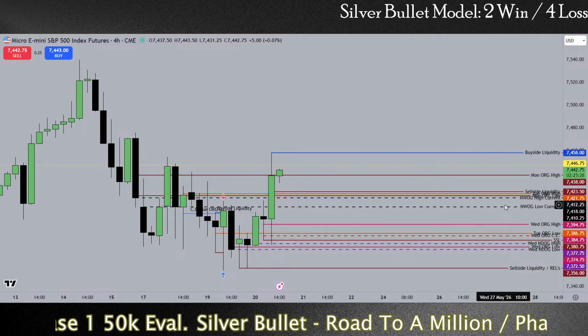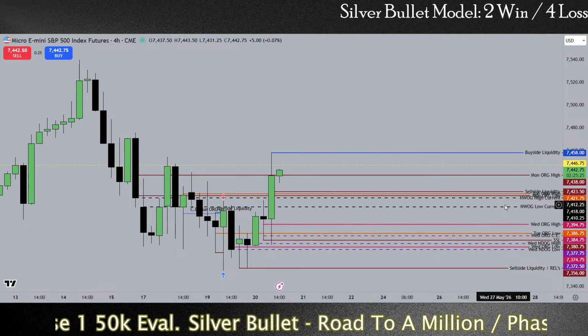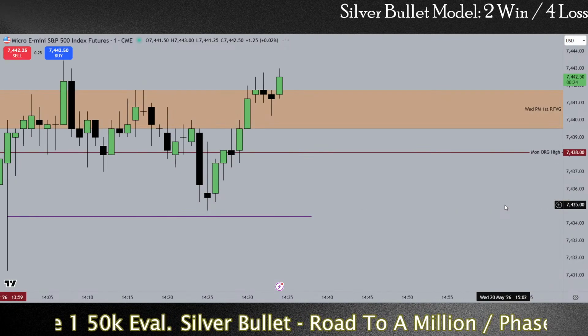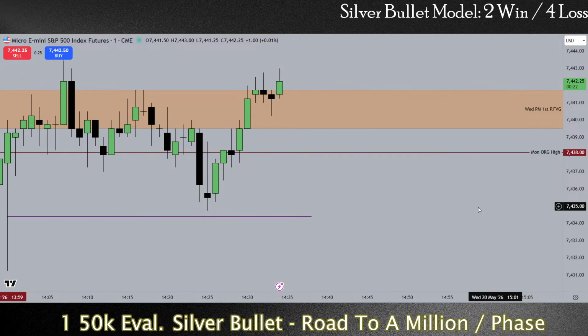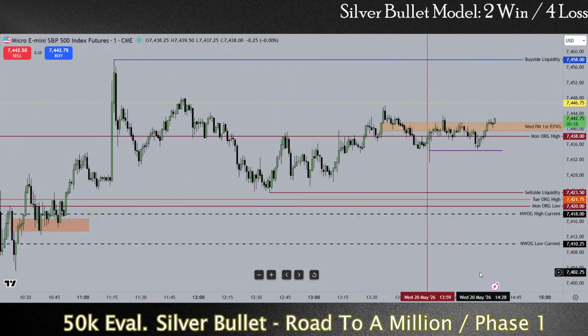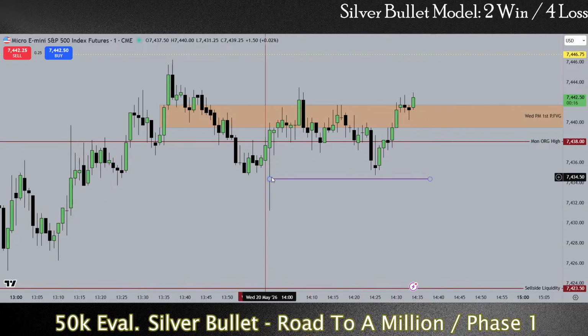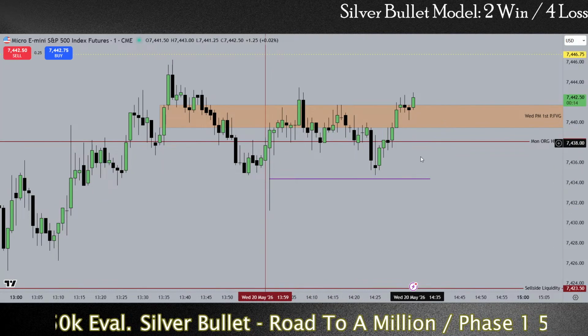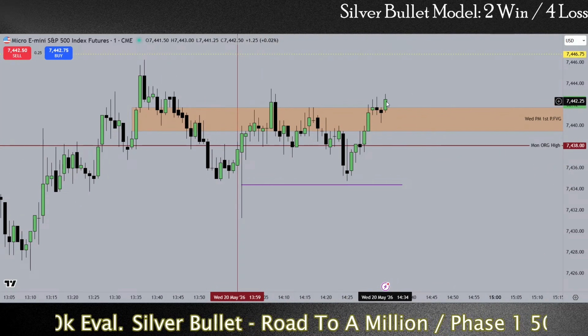Yeah, higher looks the way to go, but the problem is it's too sloppy still. Yeah. Let's see.